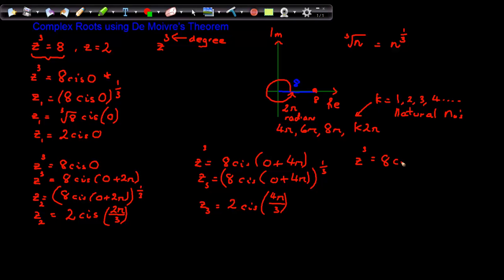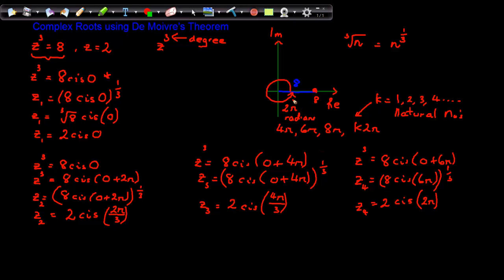z cubed equals 8 cis 0 plus 6 pi. Same working, let's call this z4. 8 cis 0 plus 6 pi, all to the power of 1/3. Okay, so z4, that will be 2 cis, now 6 pi over 3, 6 divided by 3, that's going to be 2 pi.